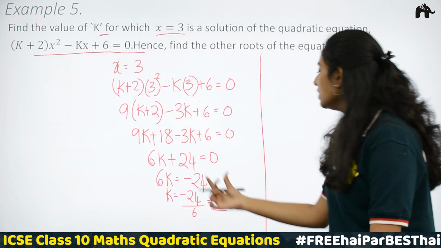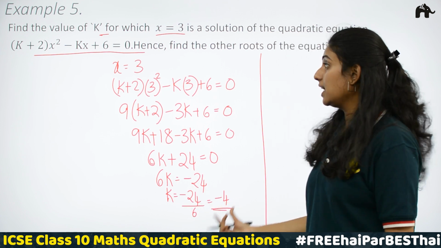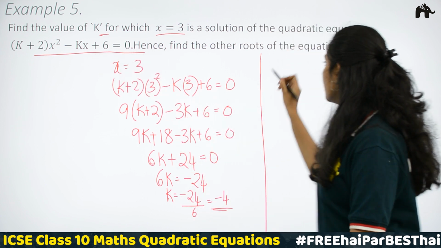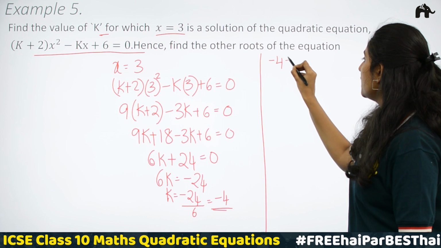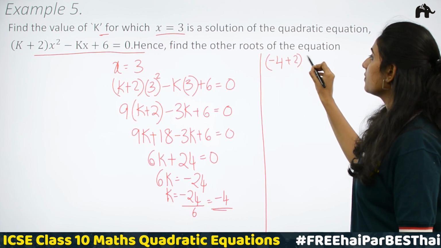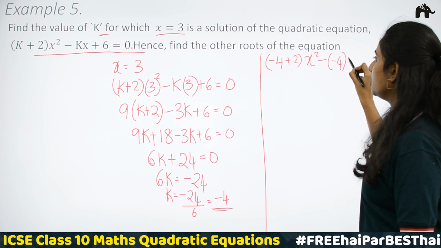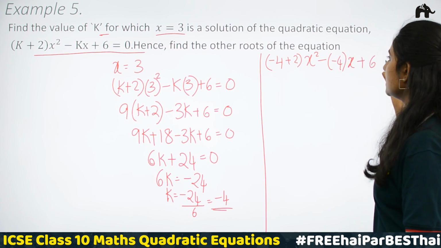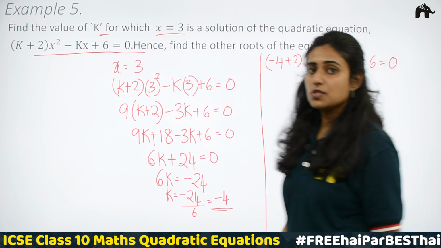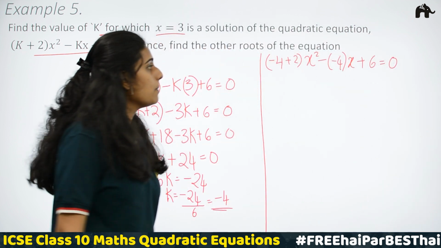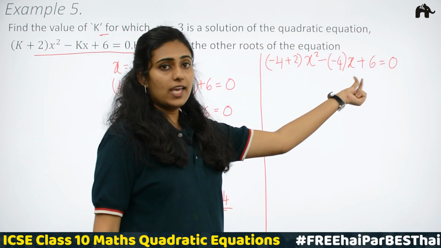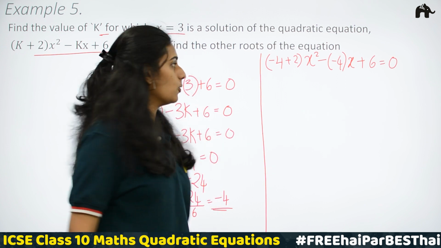Now, we will substitute the value of k equal to minus 4 in the equation. That is, minus 4 plus 2 into x square minus of minus 4 into x plus 6 is equal to 0.